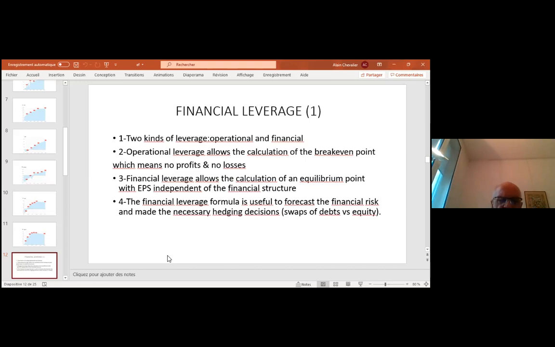So let's start at the beginning. What do we know about financial leverage? First, we have two kinds of leverage: what we call the operational leverage, you can call it break-even analysis if you like, and financial leverage.